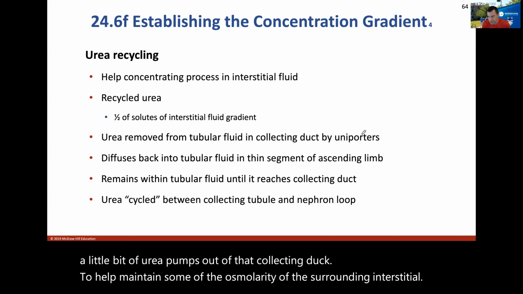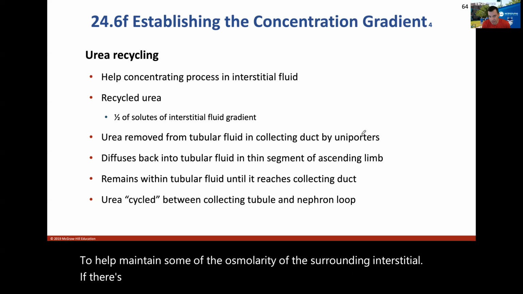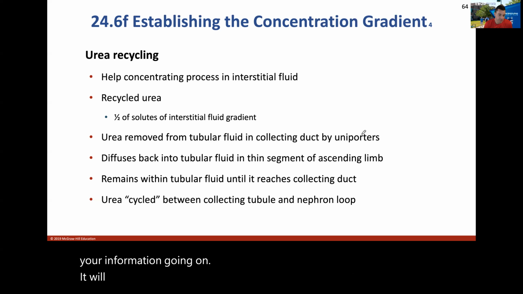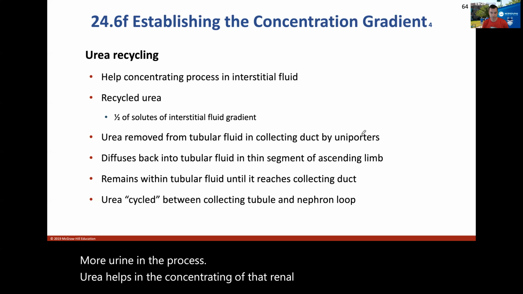If there's already a significant amount there because there's been a lot of urine formation going on, it will retain more of it. And you produce more urine in the process. Urea helps in the concentrating of that renal medulla, of that interstitium. It's not just NaCl.